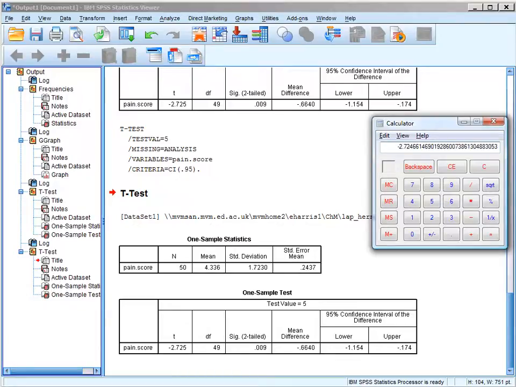And so the difference between our sample mean and the proposed population mean is 2.72 standard errors of the mean. And you'll notice that the number we've calculated there is the t-value. And so we've done it by hand as it's been done by SPSS. So you calculate the t-value simply by taking your sample mean, minusing the proposed population mean, and dividing by the standard error of the mean. And that gives you the t-value.